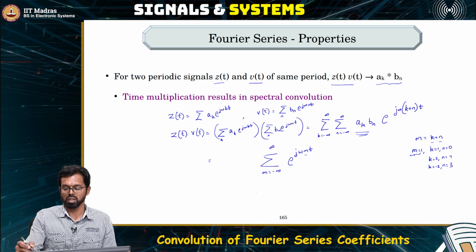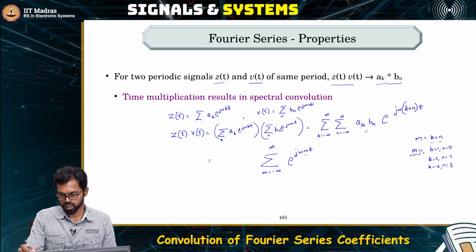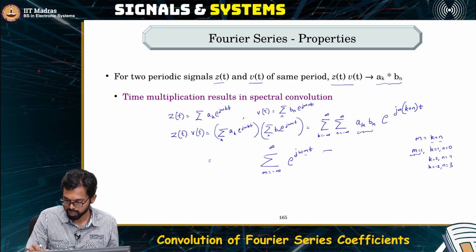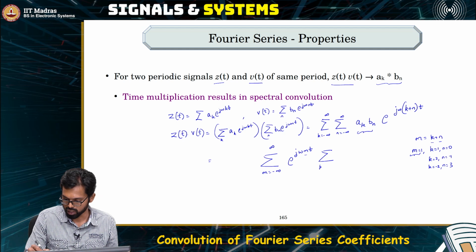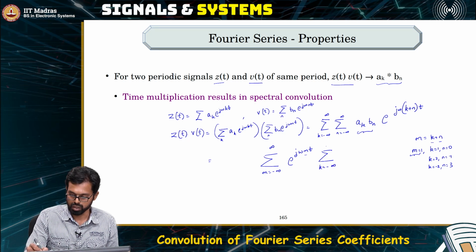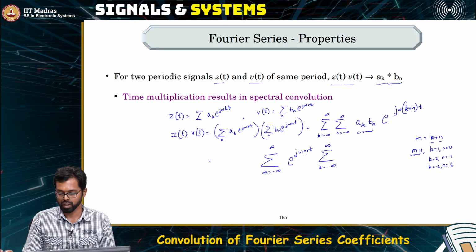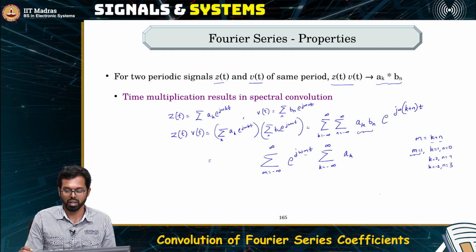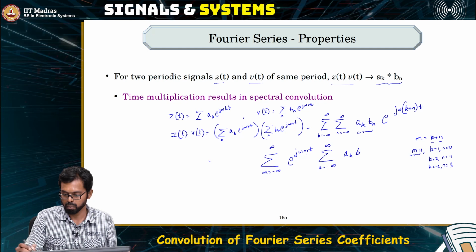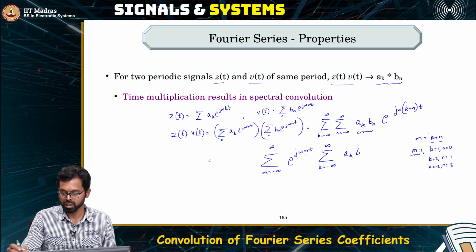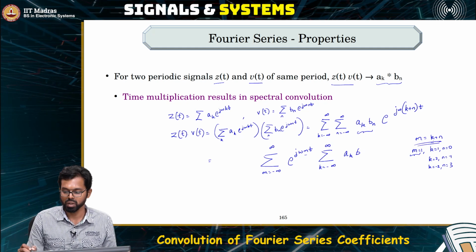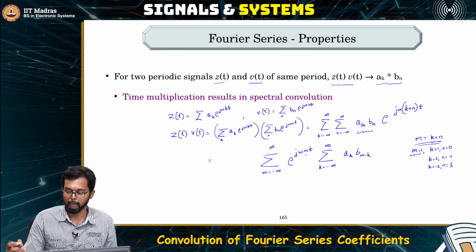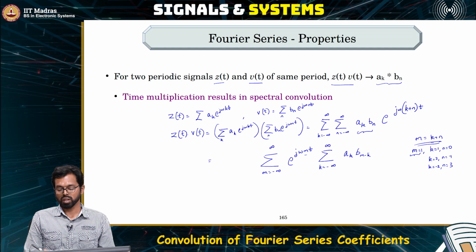Now what are the coefficients? What are these terms that add up for m equal to 1? Let us say k equals minus infinity to infinity. Okay, let us fix k. If we fix k, then from this relationship n is nothing but m minus k. So what have we done here?